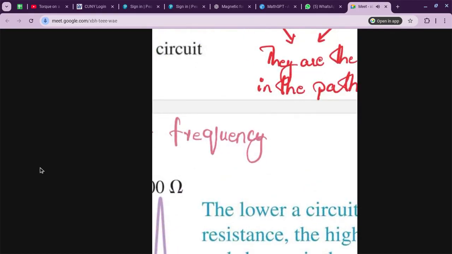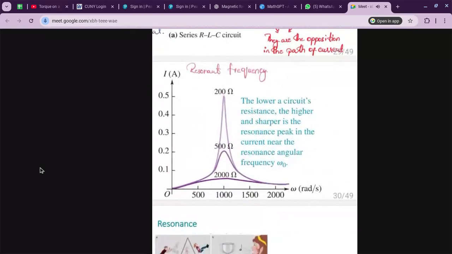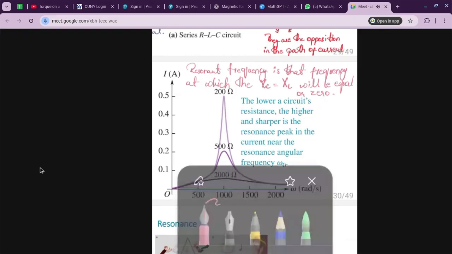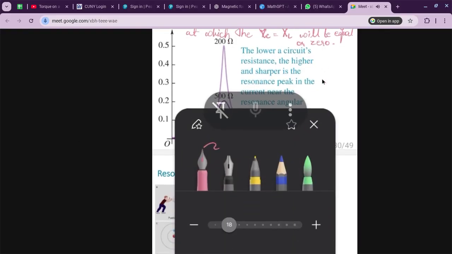Resonant frequency is that frequency at which Xc and Xl will be equal, so they cancel out.